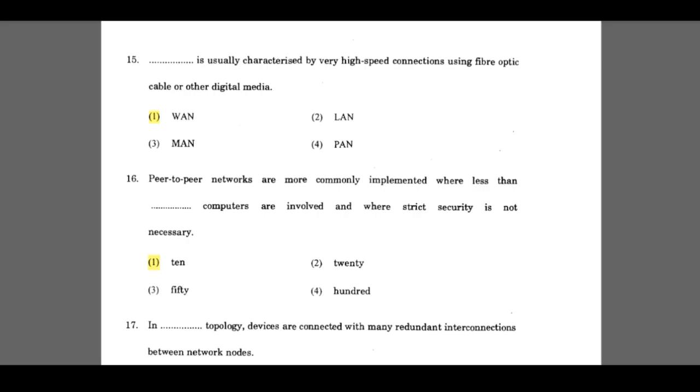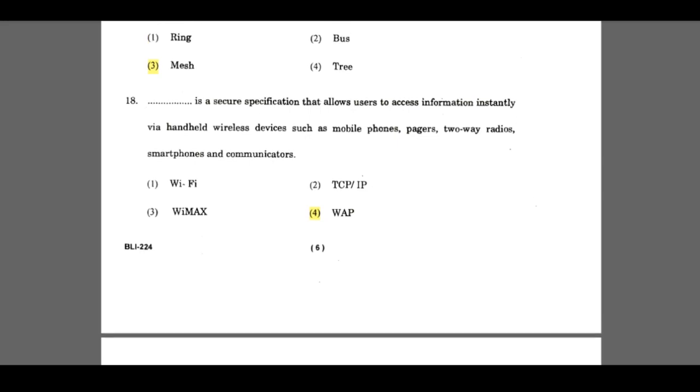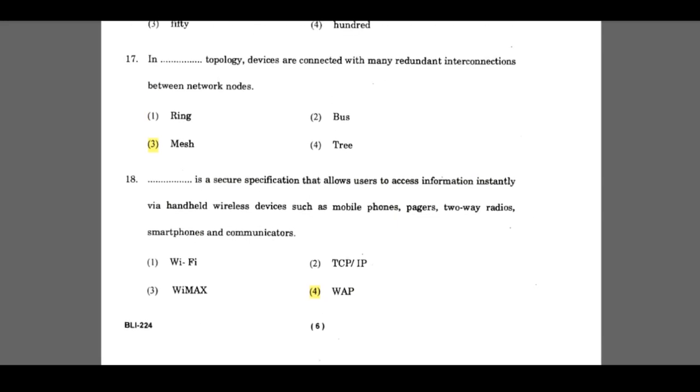16. Peer-to-peer networks are more commonly implemented where less than dash computers are involved and where strict security is not necessary. 10. 17. In dash topology, devices are connected with many redundant interconnections between network nodes.